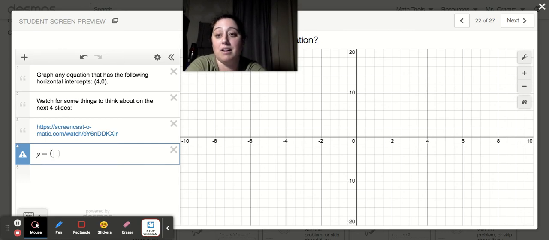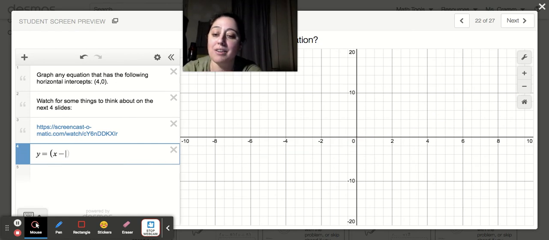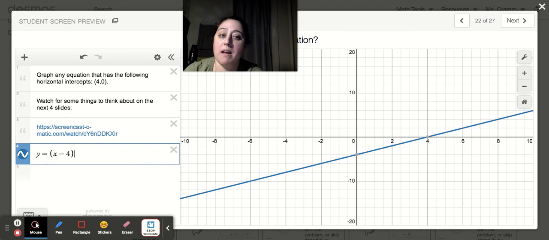So if x is 4, then I need to subtract 4 from it to make it 0, to make it an x-intercept. So I look over here. I have an intercept at 4, 0. That's exactly where they wanted me to have it.